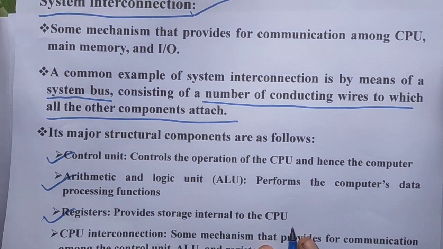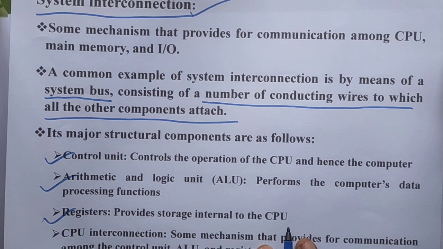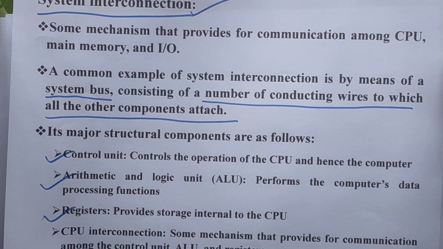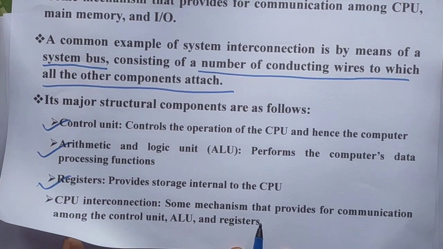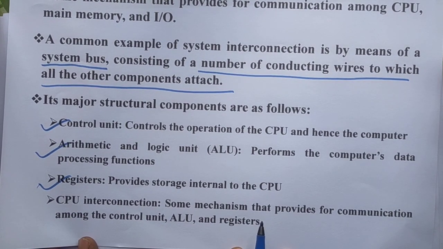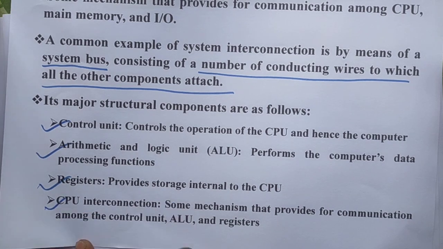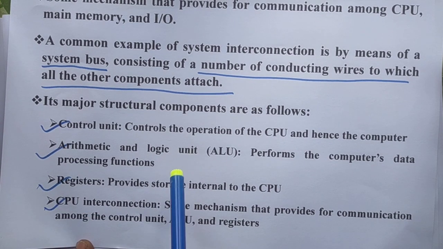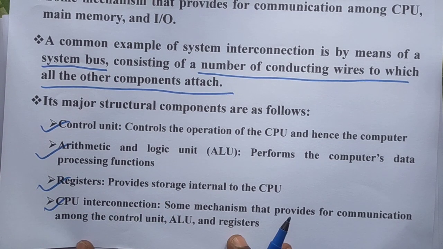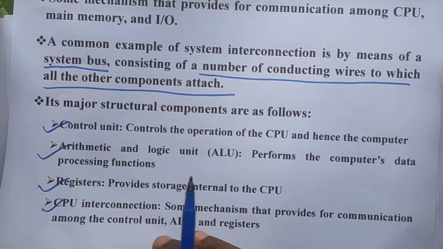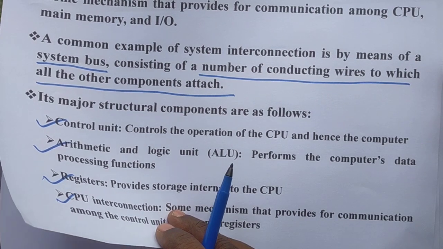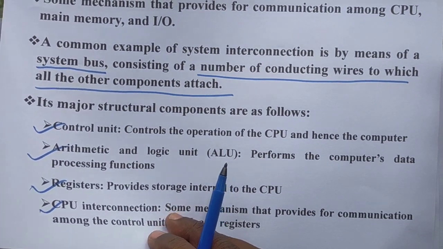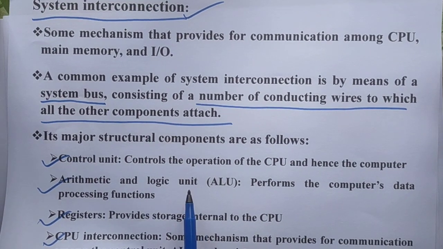Another is the CPU interconnection, some mechanism to provide communication among the control unit, ALU and registers. These are the important structural components involved in intercommunication. This is the overall basic concept regarding functions and structure.